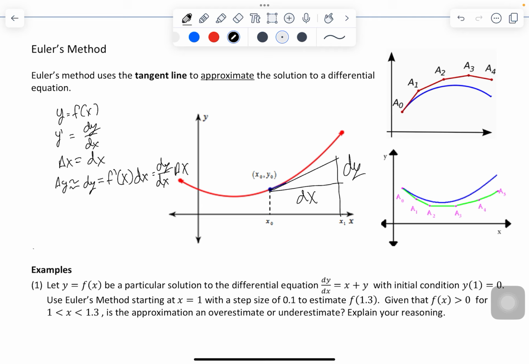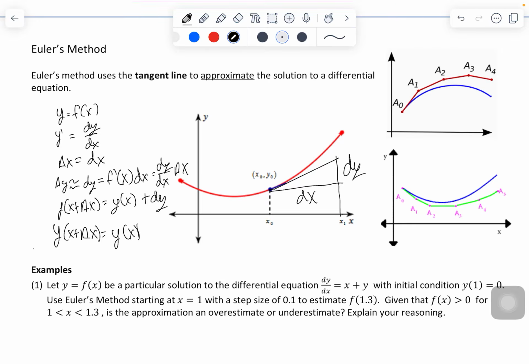We can simplify that by saying y of x plus delta x is equal to y of x plus dy, which gives us our formula for Euler's method. y of x plus delta x is equal to y of x plus y prime delta x.